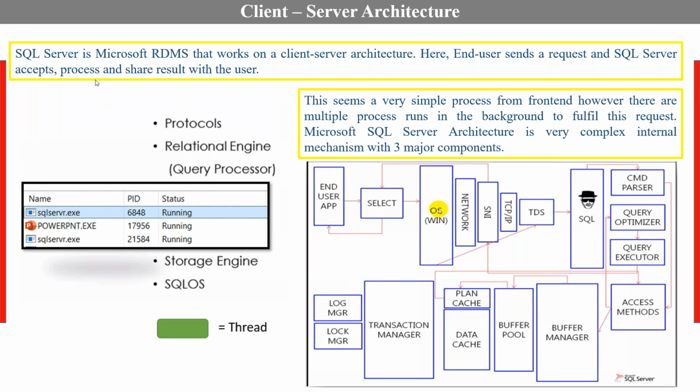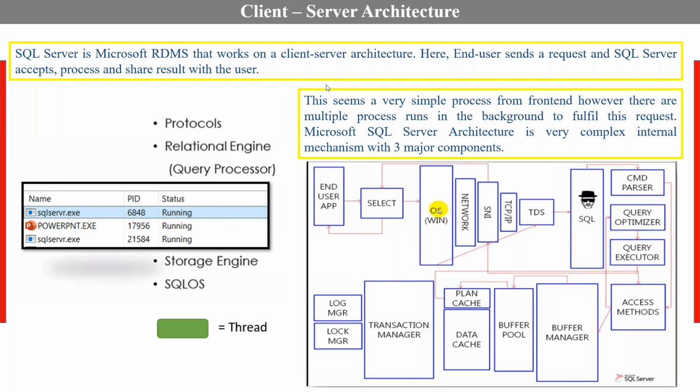SQL Server is a Microsoft RDBMS that works on the client-server architecture. Here the end user sends a request, and SQL Server accepts, processes, and shares the result with the user. It's very simple.